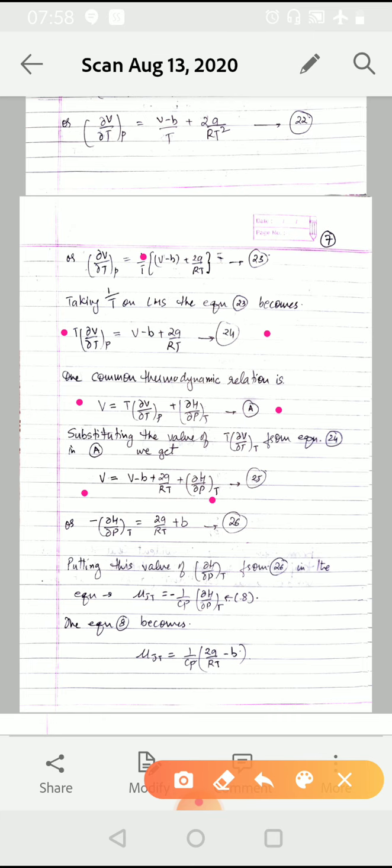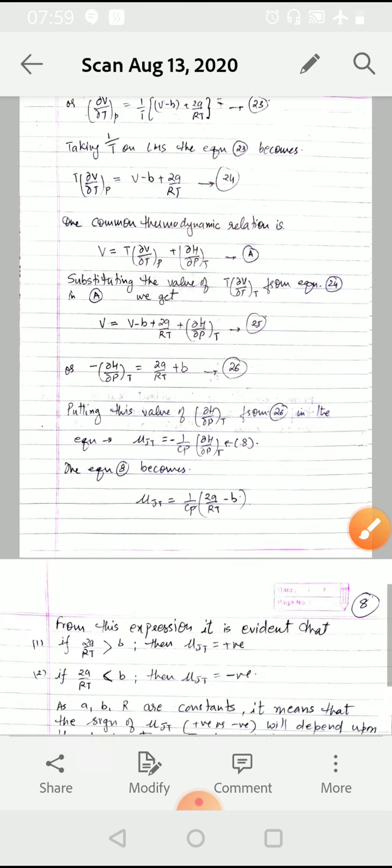Now putting the value of (∂H/∂P)T from equation 26 in the equation which we got previously, that is 3, μJT = −(1/Cp)(∂H/∂P)T, equation 3 becomes μJT = (1/Cp)(2a/RT − b).